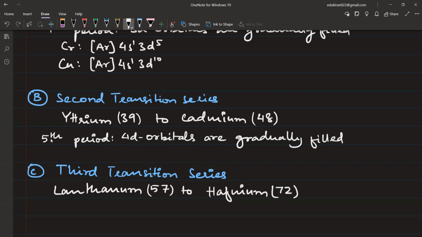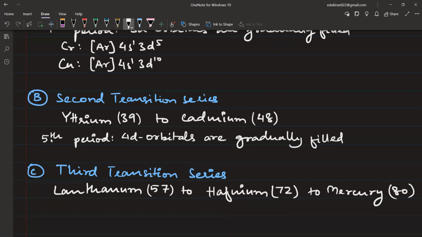Okay, and between 57 and 72, the 4f orbitals are filled. Okay, and after hafnium, because in between lanthanum and hafnium we have the f block element. Okay, so from hafnium to mercury, we have the rest of the d orbital, which is 80.